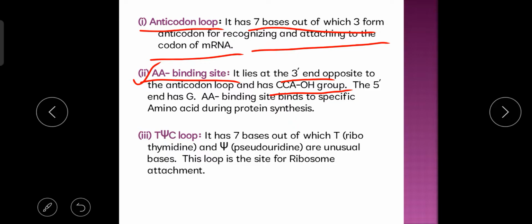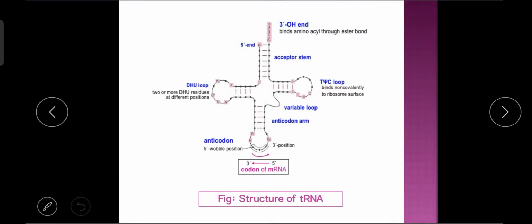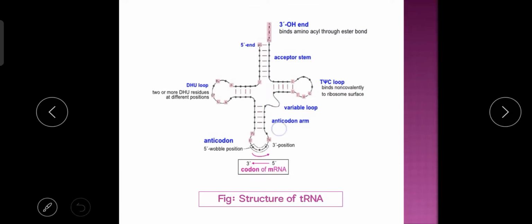Here, see in the diagram, look here, this is the anticodon loop, and you can see these 3 points, these are the nitrogenous bases which form the anticodon, and this one is the messenger RNA.